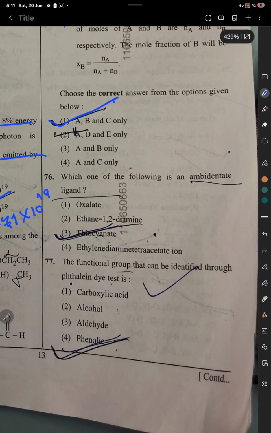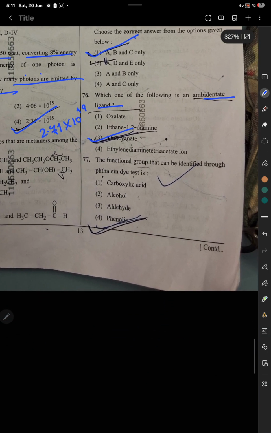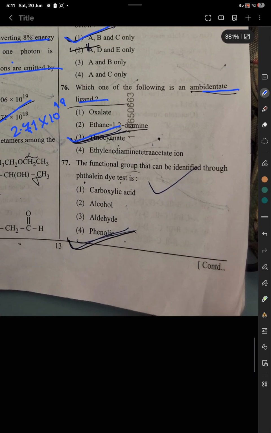Question number 76. Which one of the following is an ambident ligand? Thiocyanate is the correct answer. Question number 77. The functional group that can be identified through a phenethylene dye test is this.